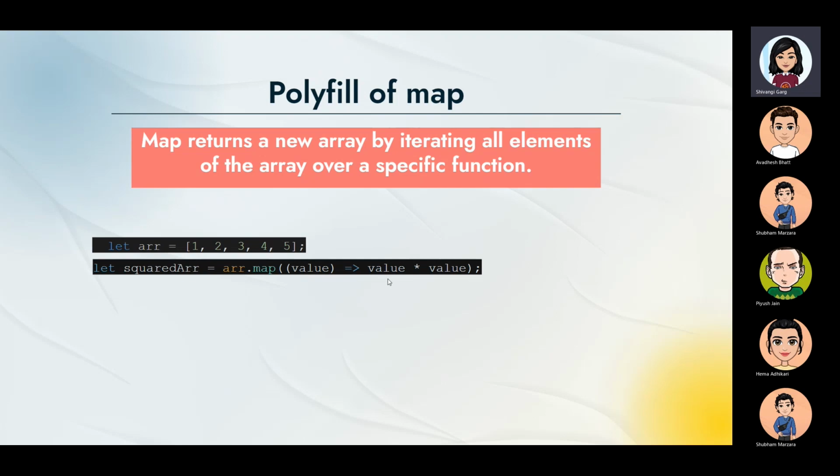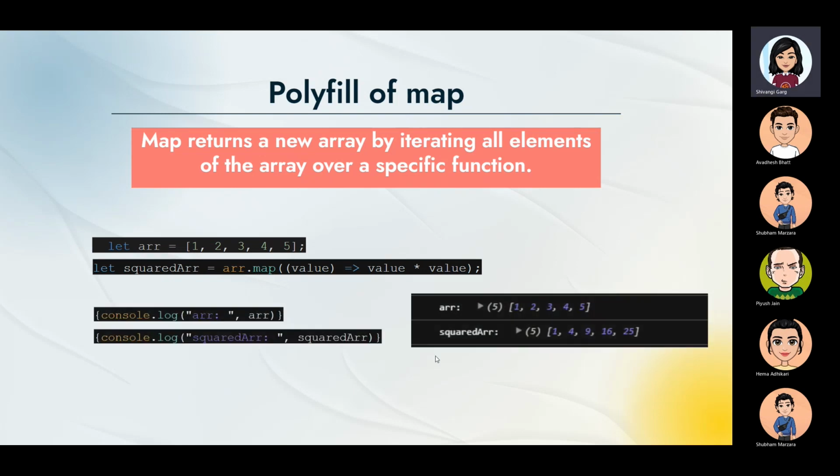So I'm squaring all the values of this array using the method map. So this is the output. It always returns a new array. Our parent array is the same, and it returns a new array, which is the squared array, which contains the square of all the values of the parent array.